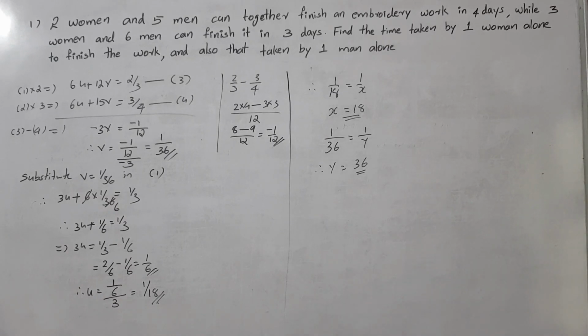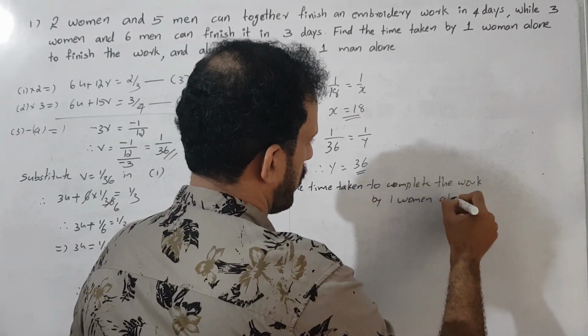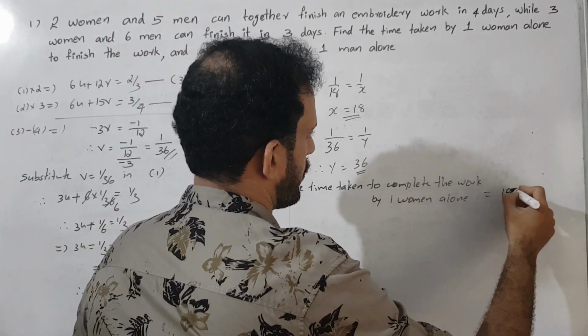So we are writing the last. Therefore, the time taken to complete the work by one woman alone is equal to 18 days.